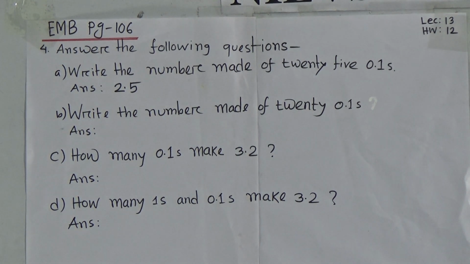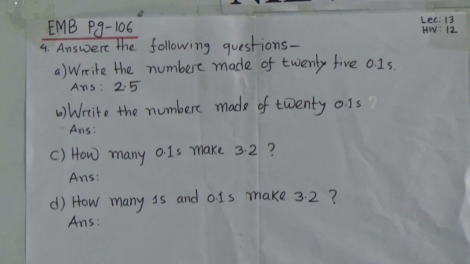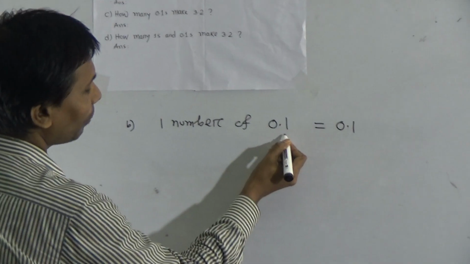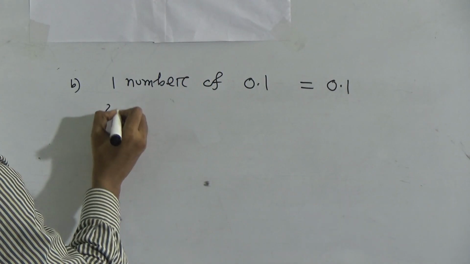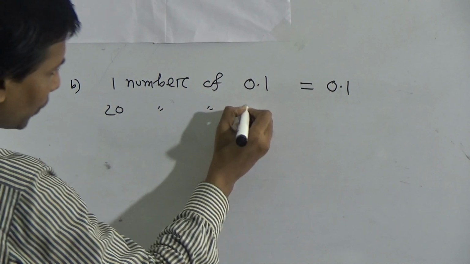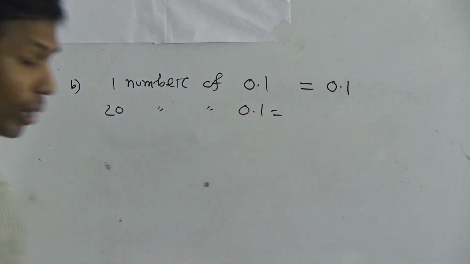Now I will solve question number B. Read the question: write the number made of 20 0.1s. Similarly, for B, one number of 0.1 means 0.1. Therefore, 20 number of 0.1s means what?